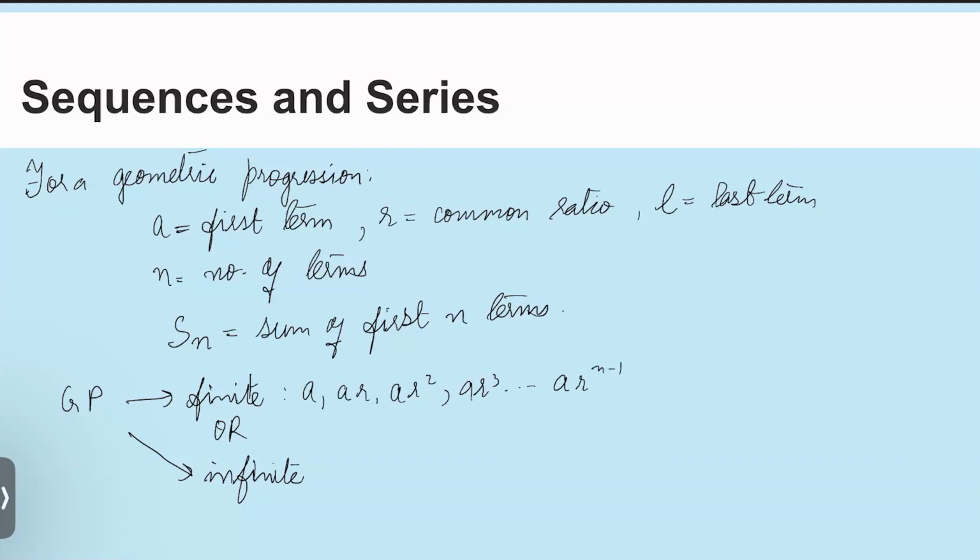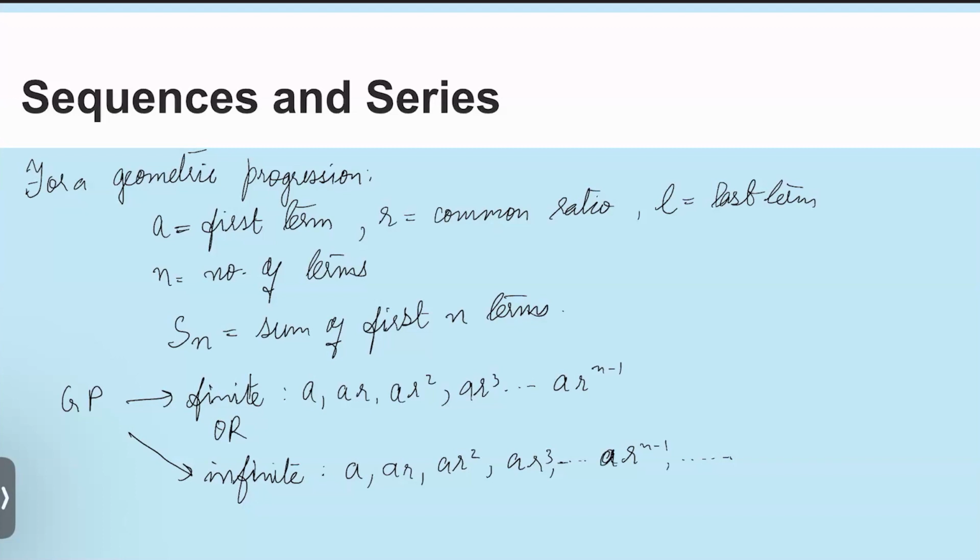Okay, so this is finite, but for infinite, you take ar squared, ar cubed, ar, say even if you have n minus 1, it can go beyond that too. Okay, so that is your infinite geometric progression.